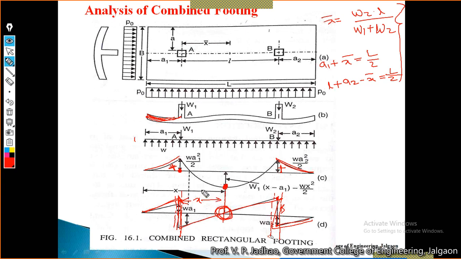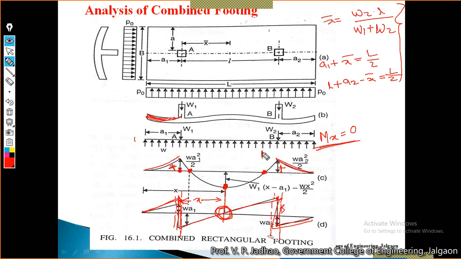At the same time, we have to calculate the location of the point of contraflexure. What is the point of contraflexure? The point of contraflexure is the point where the bending moment changes its sign, or the bending moment is zero. How to calculate it? Use the equation Mx equal to 0, that is where bending moment is 0.